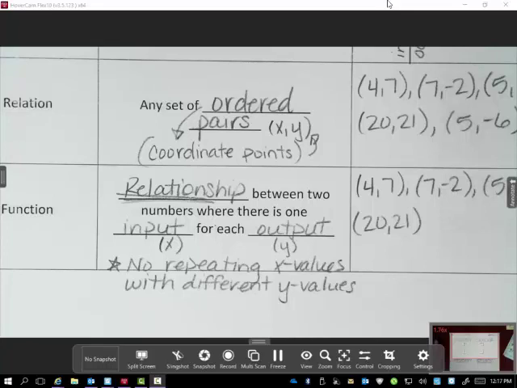So in order for it to be a function, if the x values repeat, they better have the same y value. Okay? If the x values do not repeat, that means it's a function already. Does that make sense? Okay.